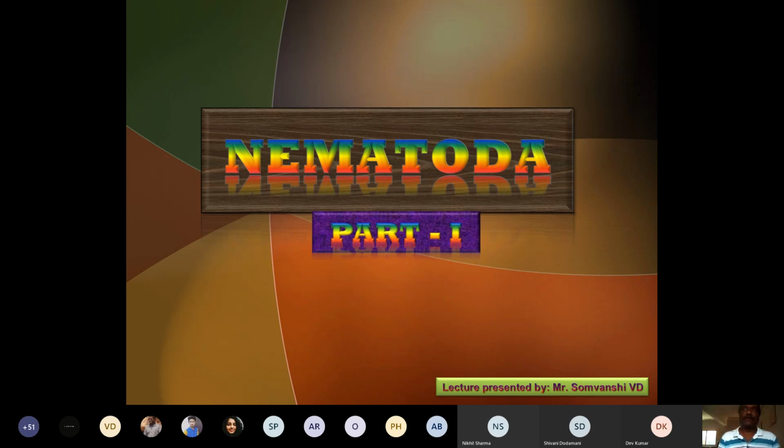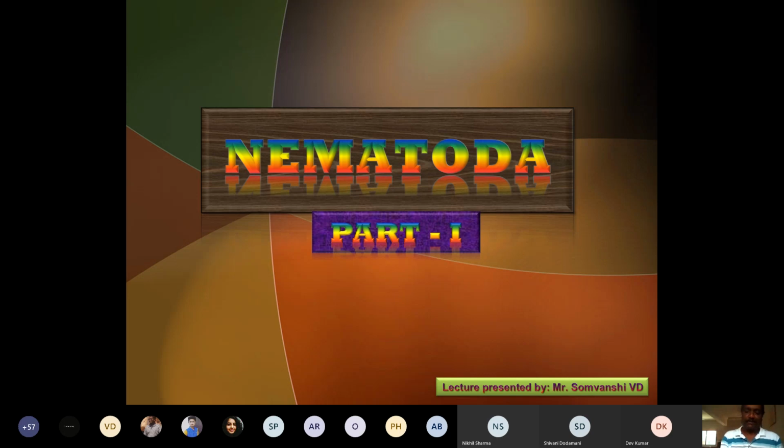It is important to understand the different terminologies used in the morphology of nematodes, and with respect to the life cycle of this parasite. In that way, there are some important introductory definitions and terminologies which we are supposed to understand while understanding the nematodes.